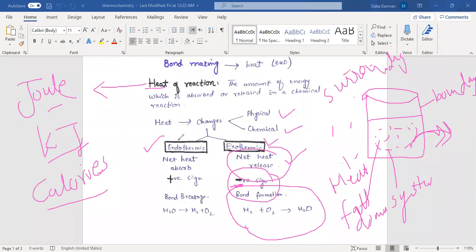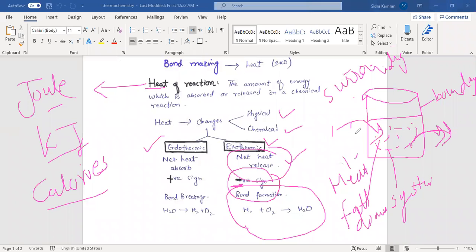What is happening in an endothermic reaction? In an endothermic reaction, heat is absorbed by the system from the surrounding. This is the surrounding and this is a system. So when the system absorbs heat from the surrounding, this is called an endothermic reaction. And an endothermic reaction is basically bond breakage.